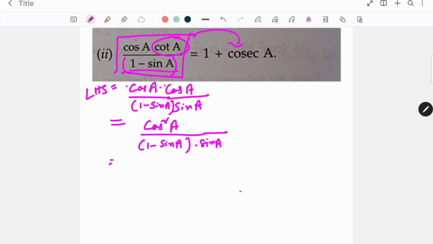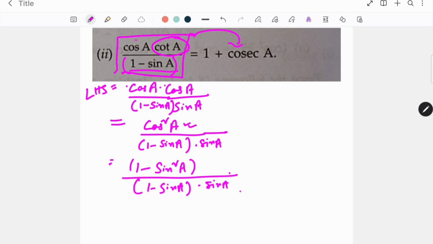We know cos square A means 1 minus sine square A. We have a formula at the beginning, that time we have seen this. So down 1 minus sine A is there into sine A.